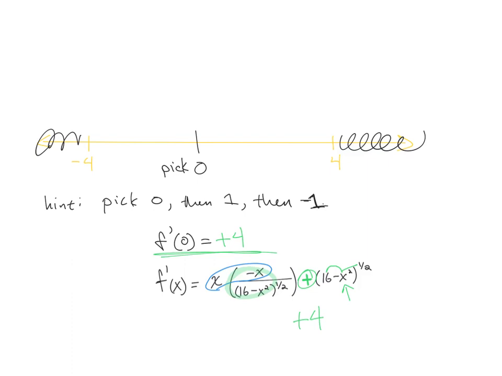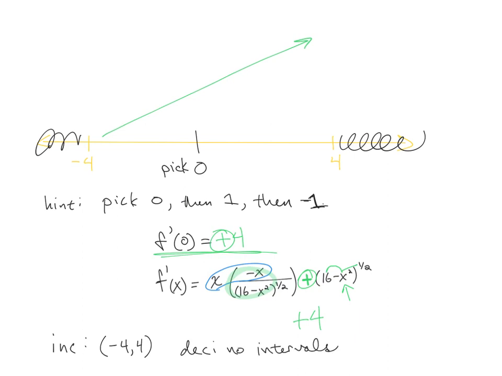But the point here is that it is positive, so this function is increasing all the way from -4 to 4. So our answer would be increasing on the open interval -4 to 4 and decreasing on no intervals. So there you have it. Let's continue with the lesson.